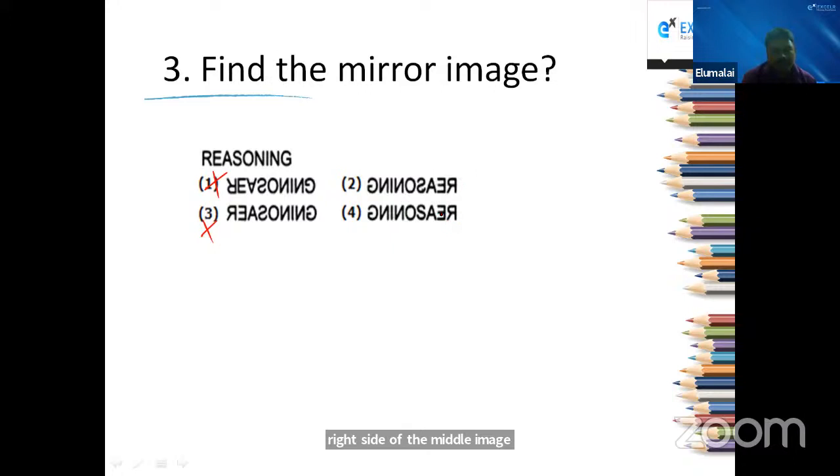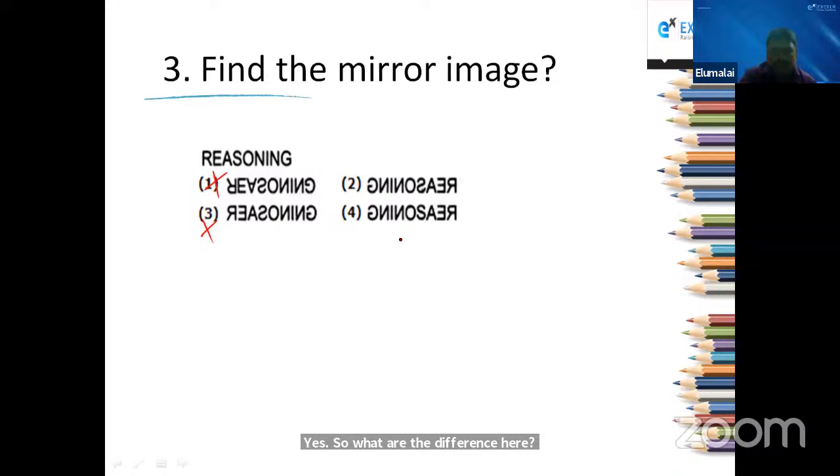Right. When you look at this one, right. So left side objects are in the right, right side objects are in the left. Right. Yes. So what is the difference here? Reasoning.